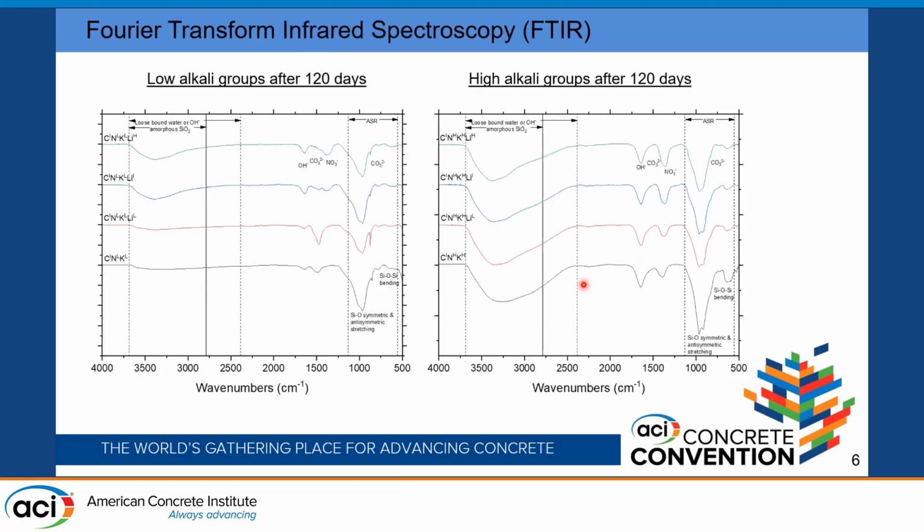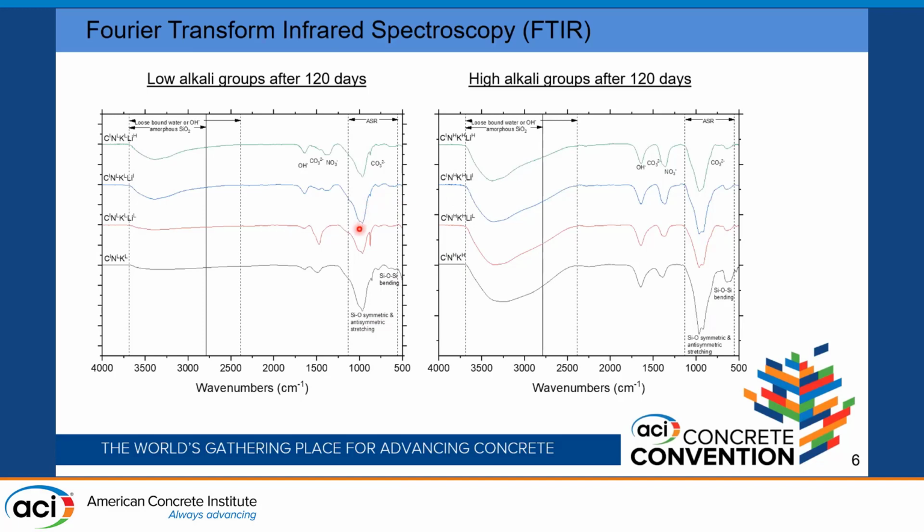So for the infrared spectroscopy, we did Fourier transform infrared spectroscopy using the attenuated total reflection method. And in that study, we can see that the results show similar ASR functional groups from the silicon-oxygen-silicon bonds and the silicon-oxygen symmetric stretchings. By the addition of lithium nitrate, we can see that these phases are reduced as the lithium to alkali ratio increases.